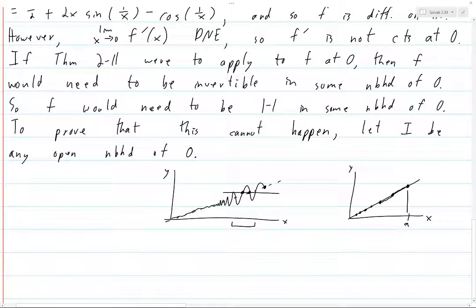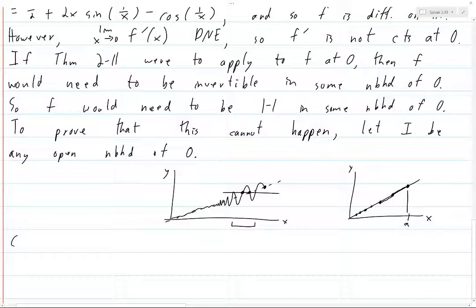Okay, so now hopefully the visual description didn't make things more complicated, but from here on out we can actually look at the symbols, and from the symbols, if you want to, you can backtrack and get the visual interpretation or intuition. So anyways, I is some open neighborhood of the origin. We want to choose some point A here like I've drawn.